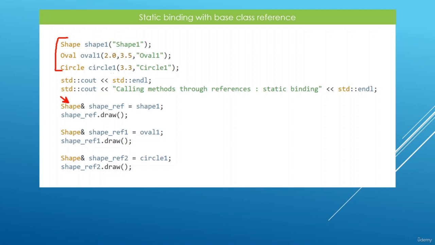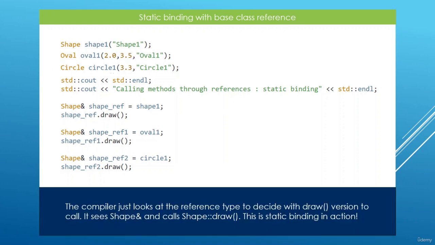So if our base reference is managing a shape, we will get the shape draw method called. If our base reference is managing an oval object, we want the oval draw method to be called here. And if our base reference is managing a circle object, we want the circle draw method called here.